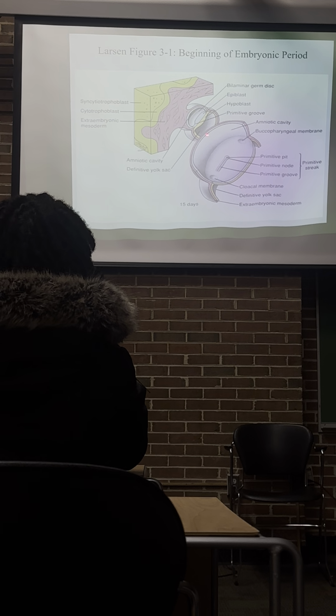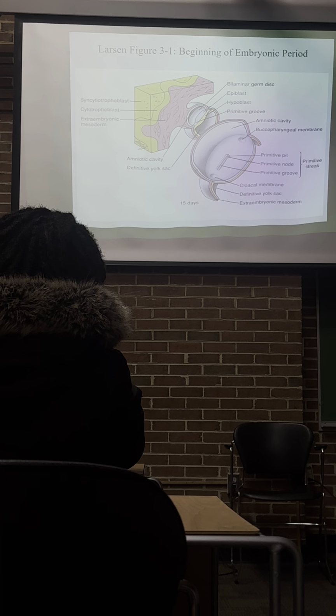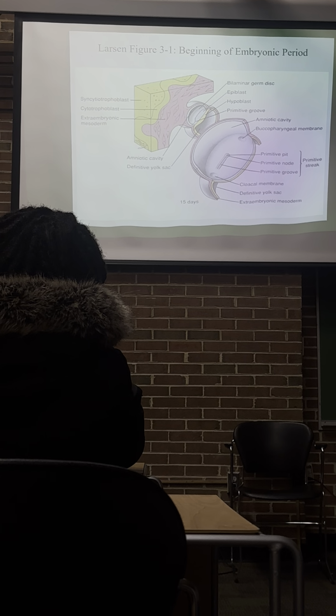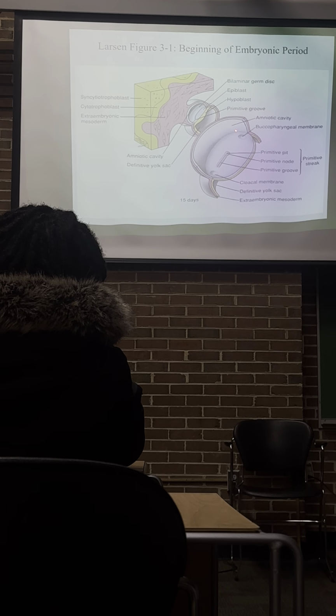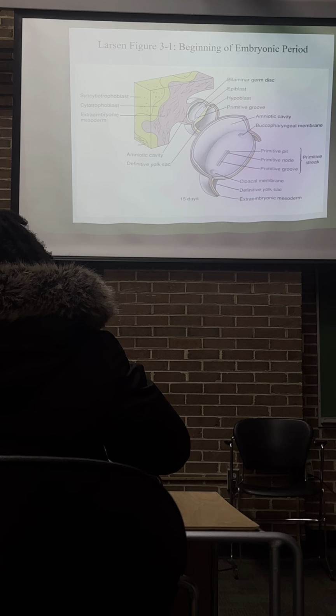You have a bilaminar disc, which means you have an epiblast here, and below it, the hypoblast. Amniotic cavity is associated with the epiblast. Yolk sac is associated with the hypoblast. And you know that you're at the beginning of the embryonic period because this structure appears on the surface of the epiblast. Okay?